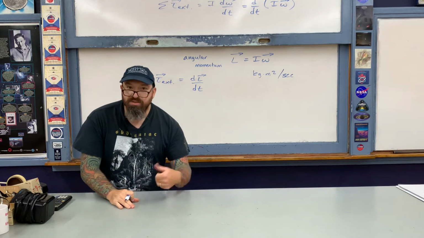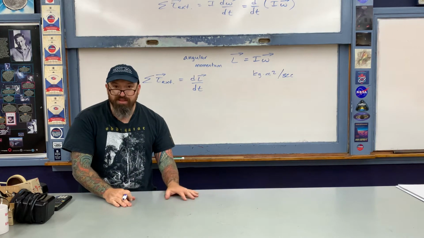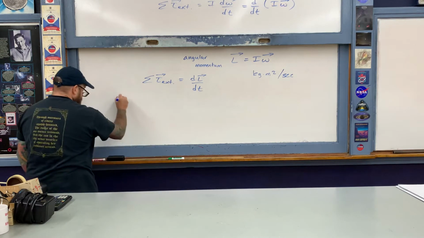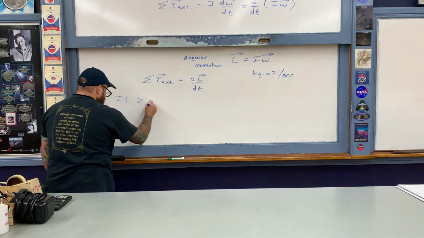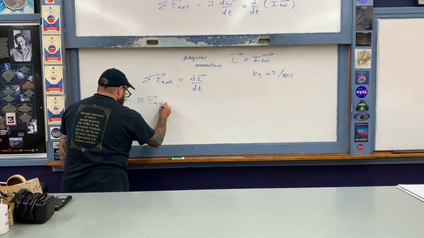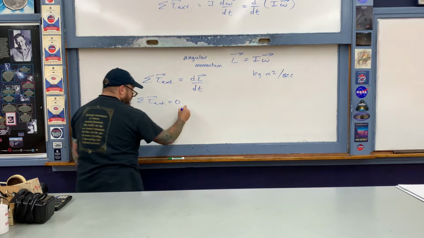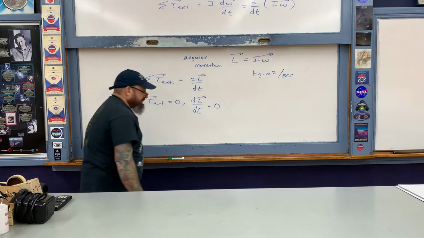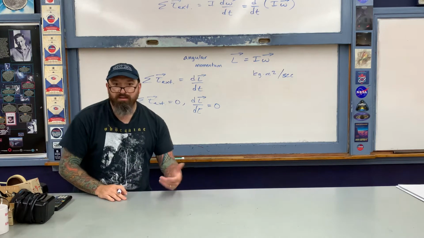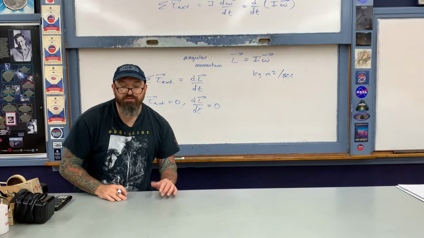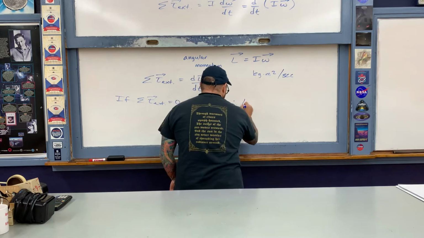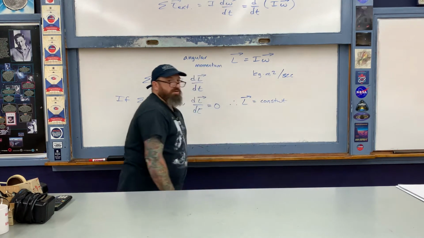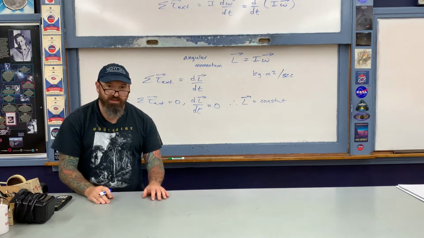And then we'll begin to examine scenarios where the left-hand side of the expression, the sum of the external torques, is equal to 0. Then the right-hand side of the expression is equal to 0, which means that the quantity L, the angular momentum of the system, is a conserved quantity. Therefore, L is equal to a constant. This situation is referred to as conservation of angular momentum.